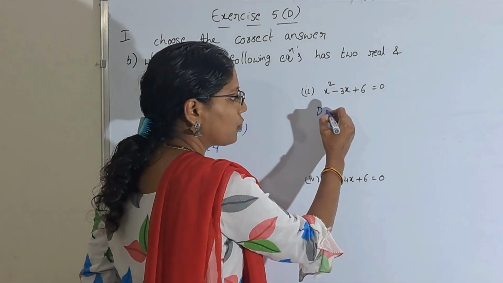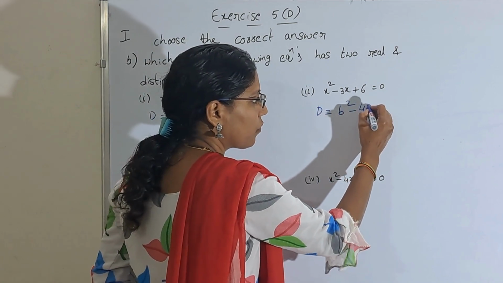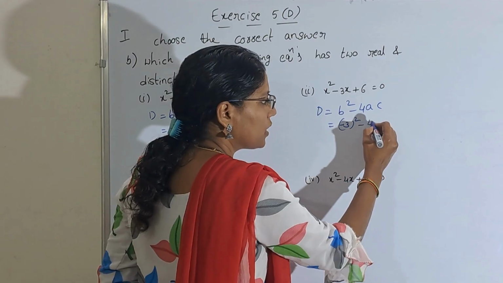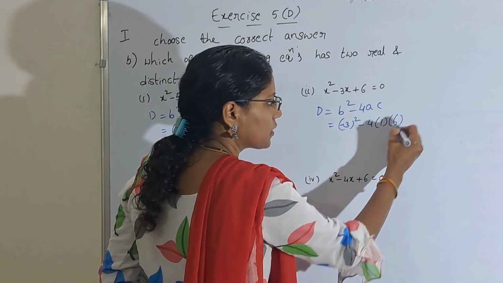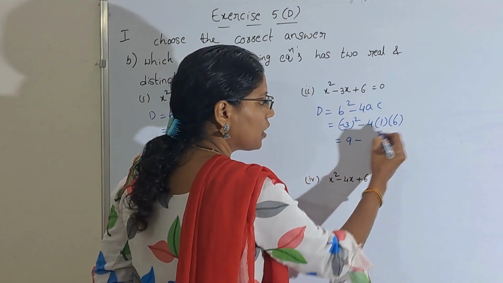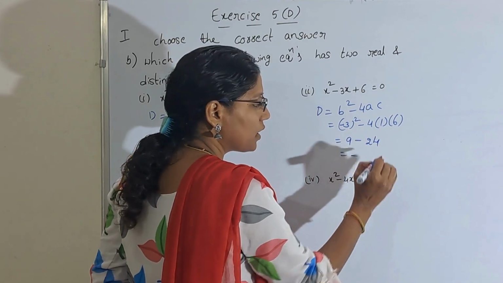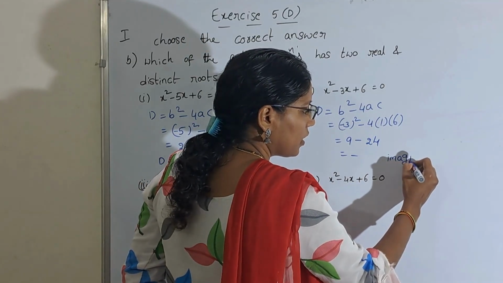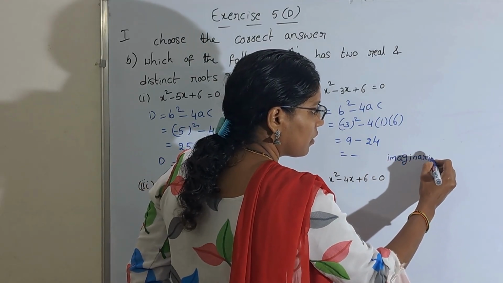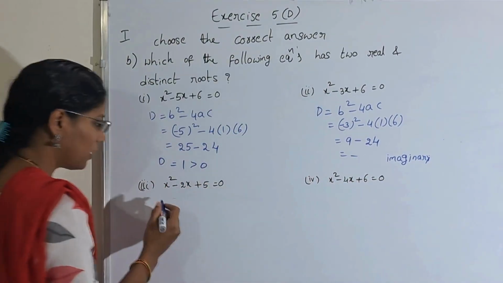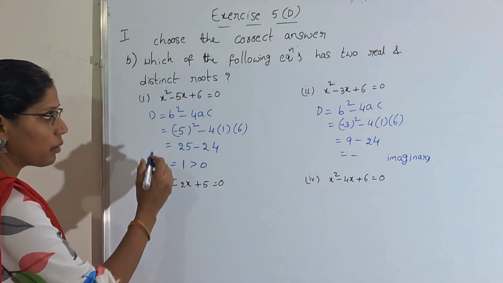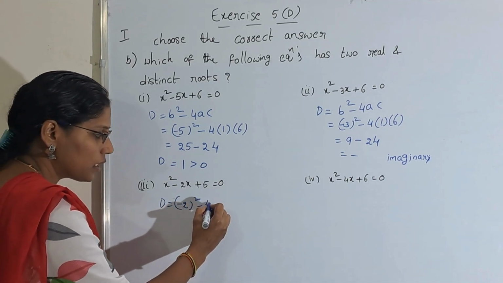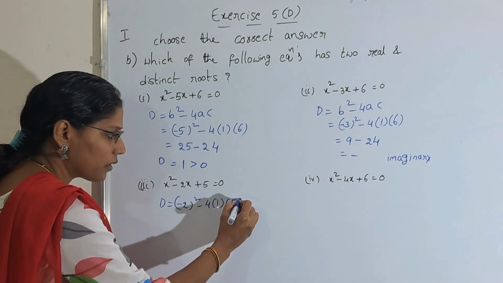Here also we have to check b square minus 4ac. Here minus 3 whole square minus 4 into 1 into 6. Here 9 minus 24. A negative number is coming. So this is imaginary roots. Here d is equal to b square minus 4ac. D equal to minus 2 whole square minus 4 into 1 into 5.